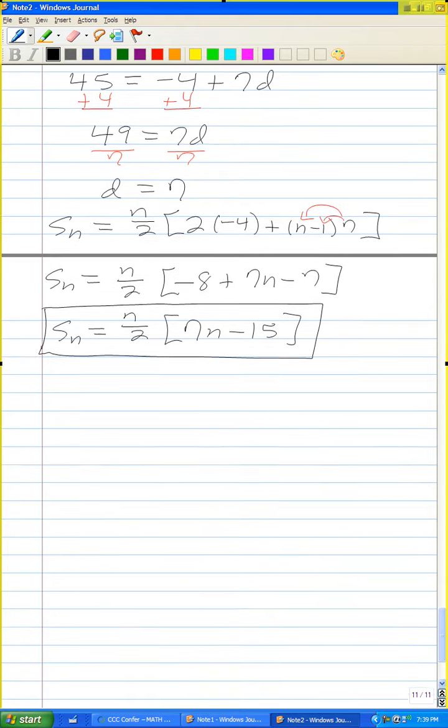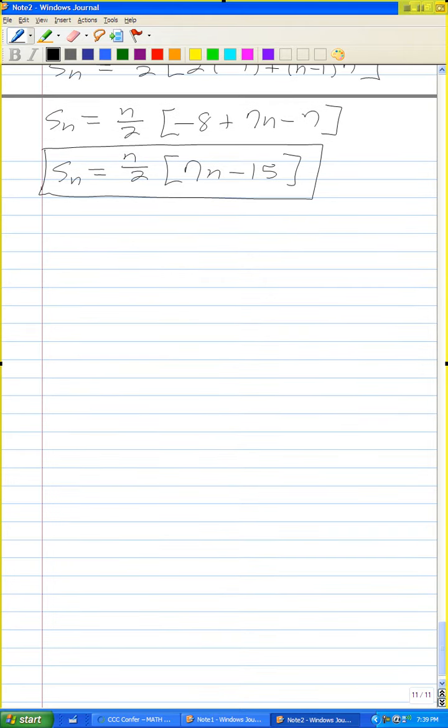Let me do problem number 42. Well, let me note, if you look in your book, they've actually given you some facts. So just note these facts about the properties of summation of the series.